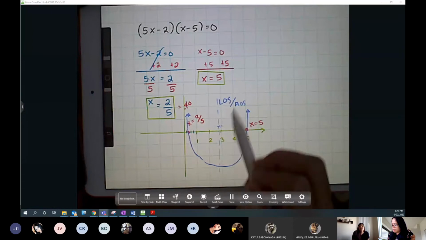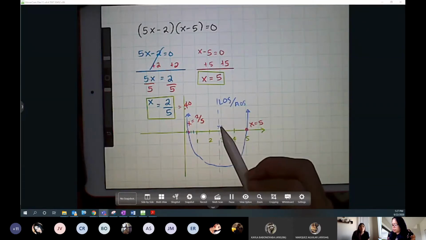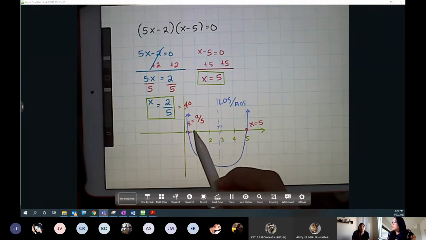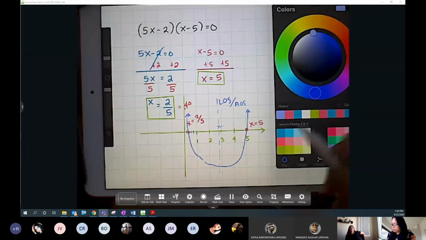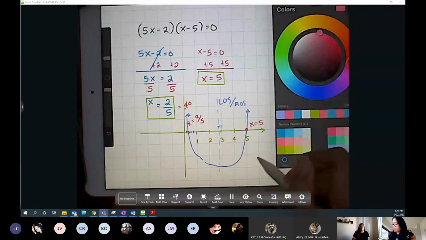Okay, so that's another x, the AOS or the LOS, but that x should be different from the x-intercepts. It's right in the middle of the two x-intercept values.